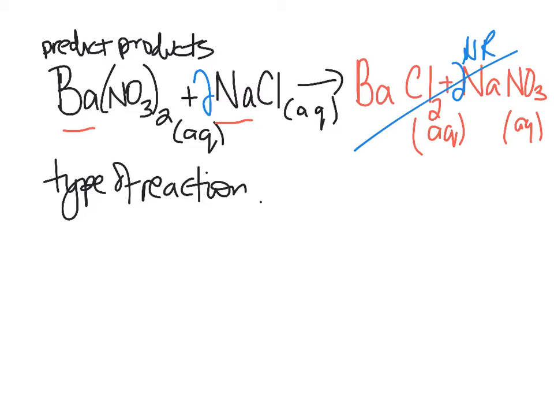You would lose a little bit of a mark because you didn't identify that one was a solid. But if you identified the types of reaction, this NR indicates you know what you're doing, because if you have 2 AQs, they're both NR. So one little slip up is not going to cost you 3 marks. Maybe half a mark or a mark. That's it. You're not going to lose everything if you get a question wrong.